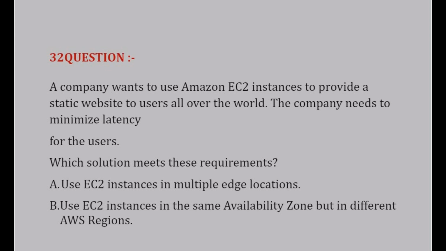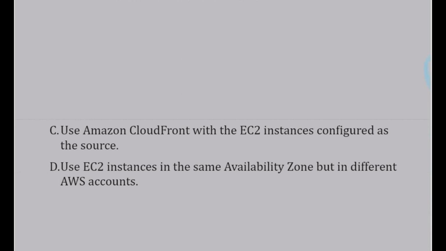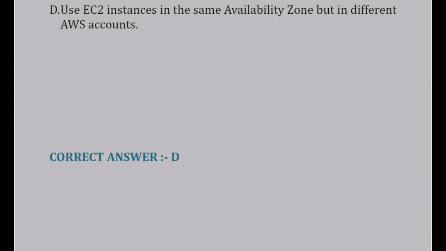Option B, use EC2 instances in the same availability zone but in different AWS regions. Option C, use Amazon CloudFront with the EC2 instances configured as the source. Option D, use EC2 instances in the same availability zone but in different AWS accounts. Correct answer is option D.